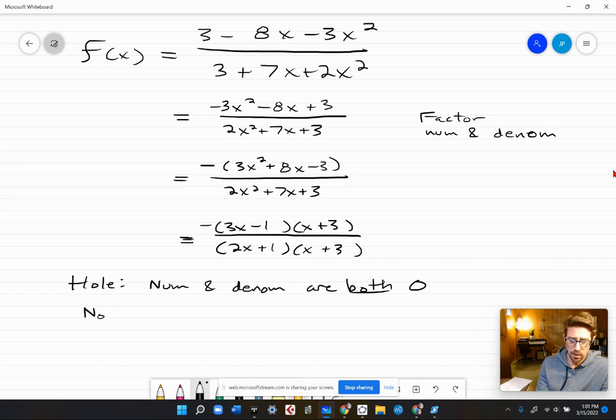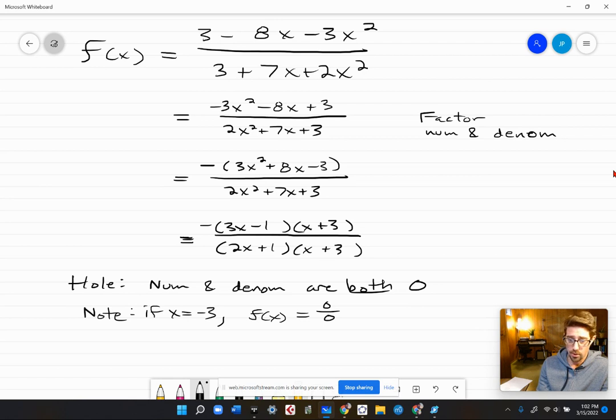Just note that if x equals negative 3, that factor that we're about to take away would give us a 0. So if x equals negative 3, this top and this bottom, because x plus 3 is going to be 0, is 0 over 0.